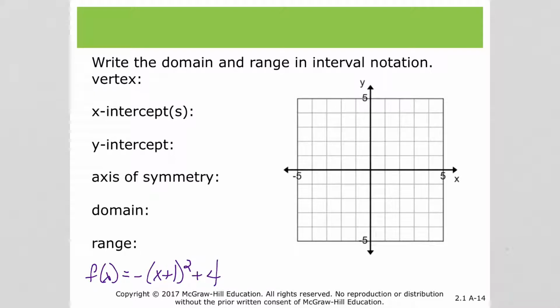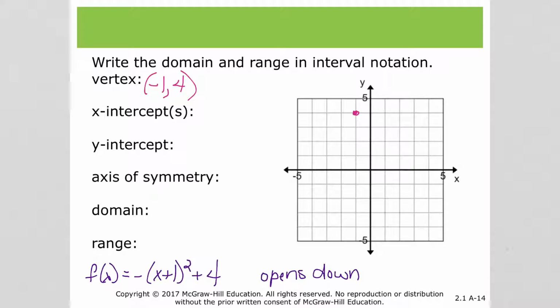And we're going to go through the same process as before. The vertex is h, k, so that's -1, 4. This one will open down, by the way, because of the -a out front.